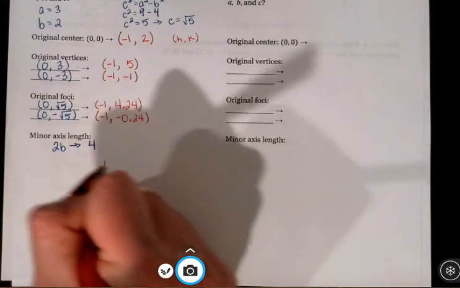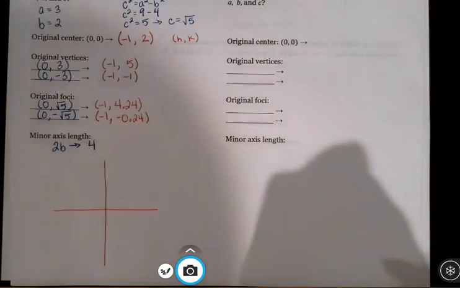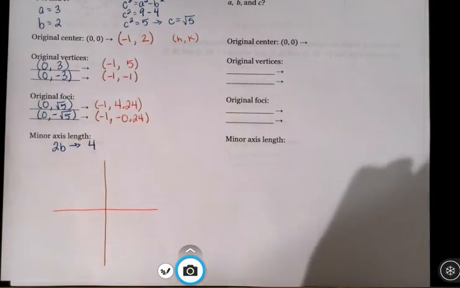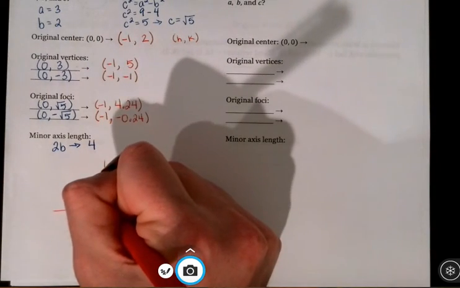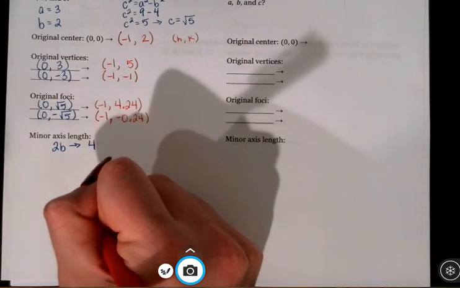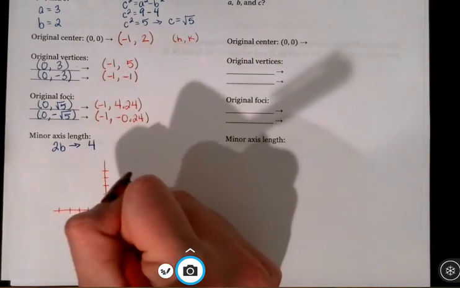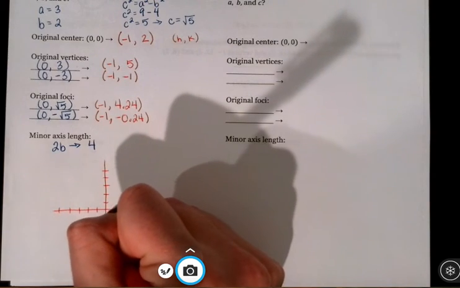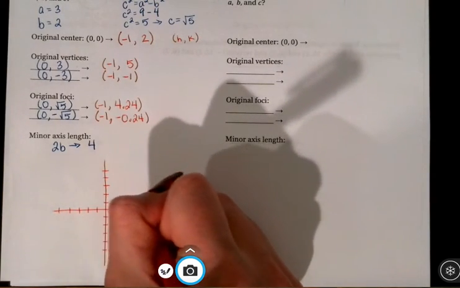So I'm going to make my coordinate plane. And let's see, I'm going to go 2, 3, I'm going to go 5, in either direction.